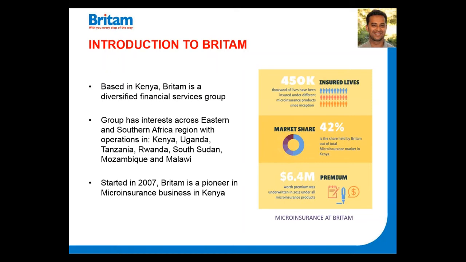It's also the market leader in microinsurance in Kenya, with 42% of the market share according to various industry reports. In 2017, different microinsurance products at Britam earned a premium of around 6.5 million USD, and we have insured around 450,000 lives under different microinsurance products, the majority of which are health microinsurance products.